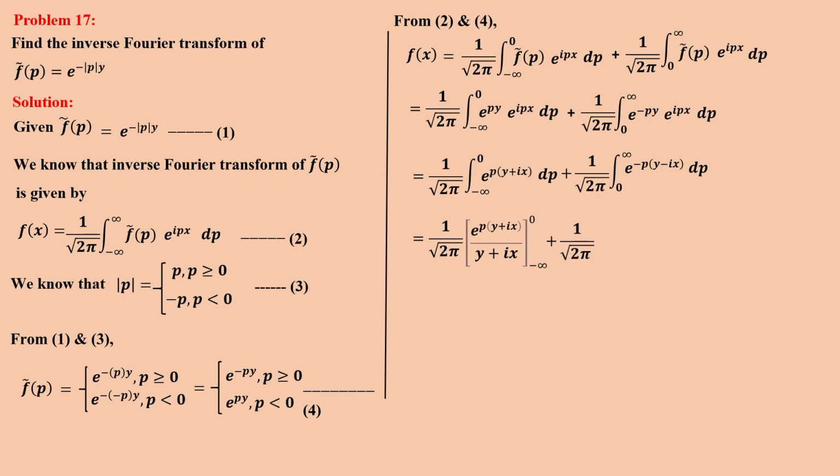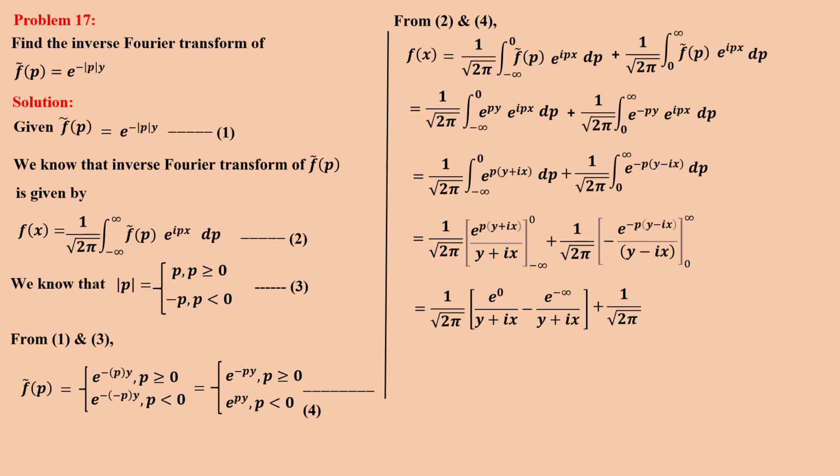Similarly, the second integral, 1 by root 2 pi, e power minus p (y minus i x) by (y minus i x) into minus 1, that is minus e power minus p (y minus i x) by (y minus i x), lower limit 0, upper limit infinity. Substituting the limits in the first term: e power 0 by y plus i x minus e power minus infinity by y plus i x.